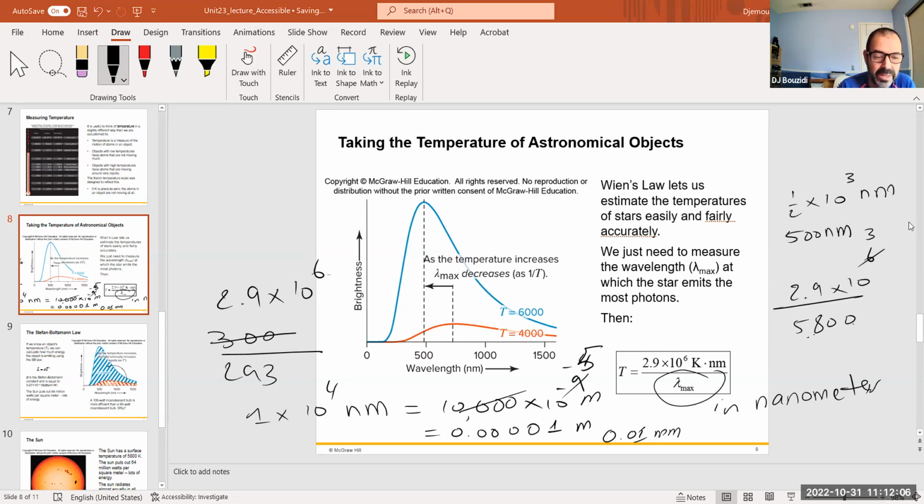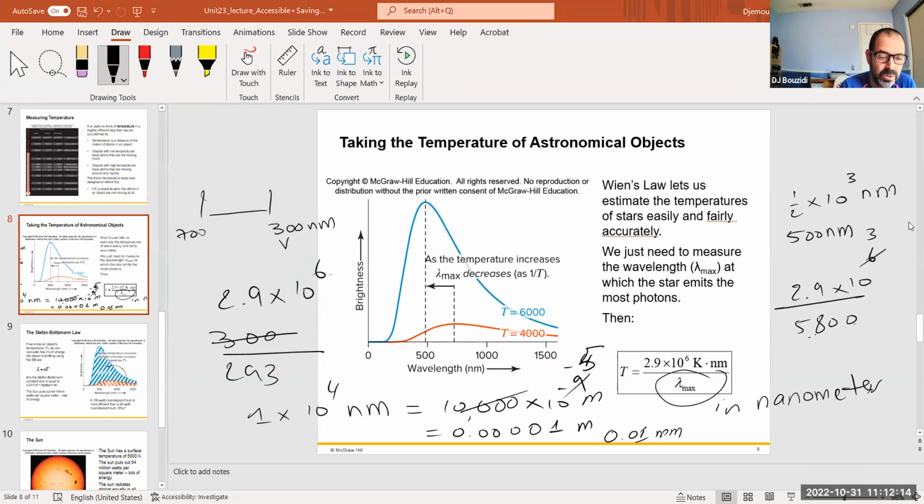And that's what's smack in the middle of the visible spectrum. Remember, the visible spectrum is between 300 nanometers for the violet and 700 nanometers for the red, and this is 500 nanometers. This is where the sun is. That's why our eyes are sensitive to this range, because our eyes are sensitive to the maximum light that the sun sends.